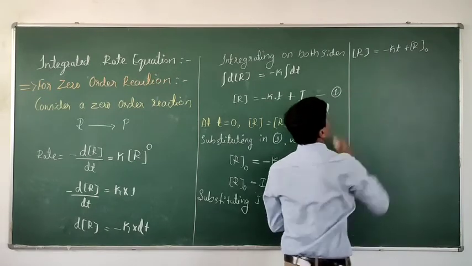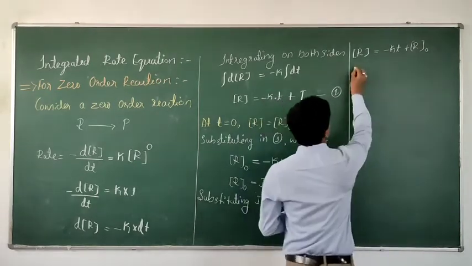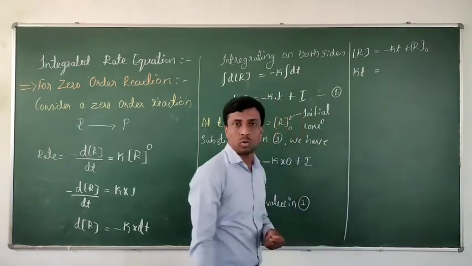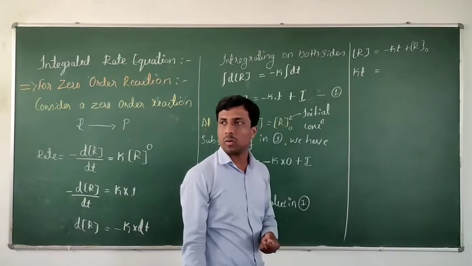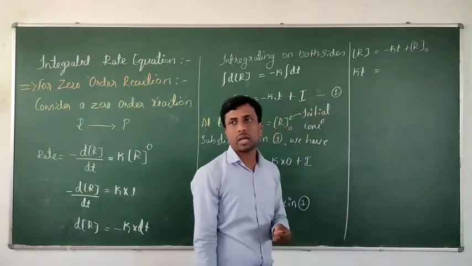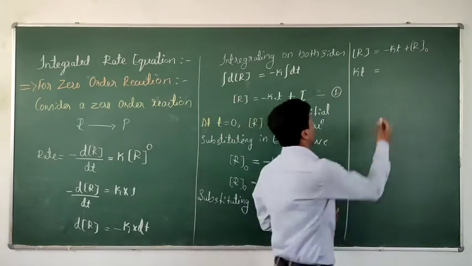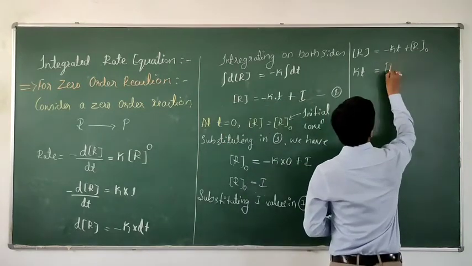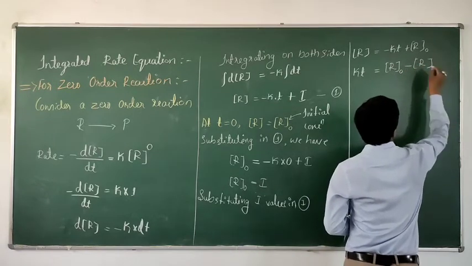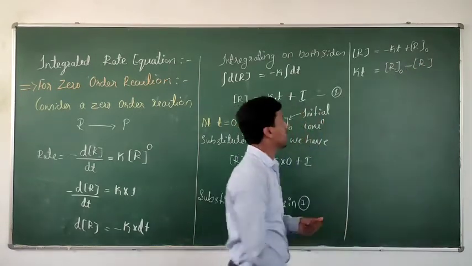Rearrange this equation. Kt is equal to, the negative sign has gone now because I have changed the position of minus kt from right side to left side. Here we will have r0 minus r.